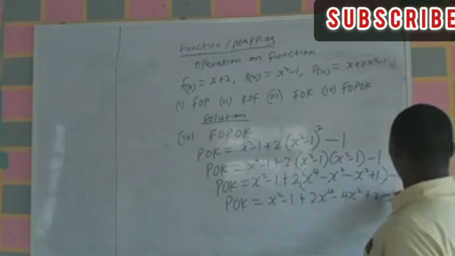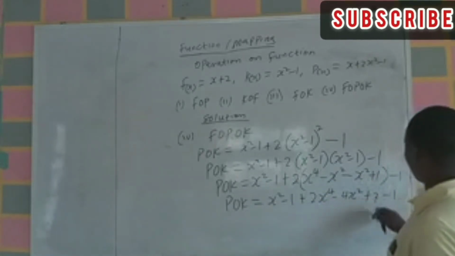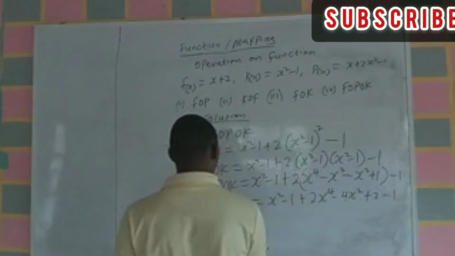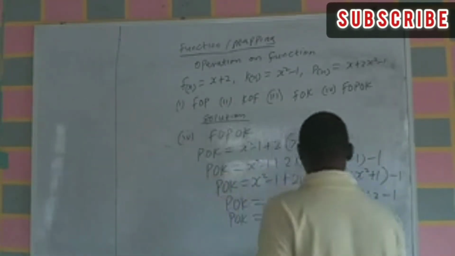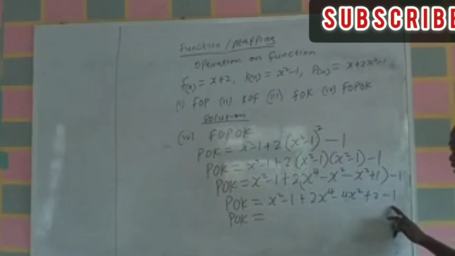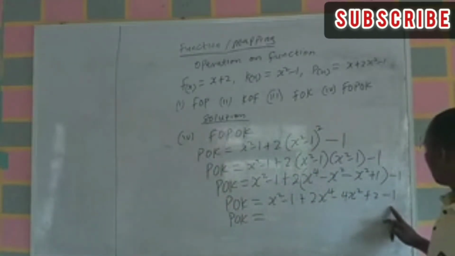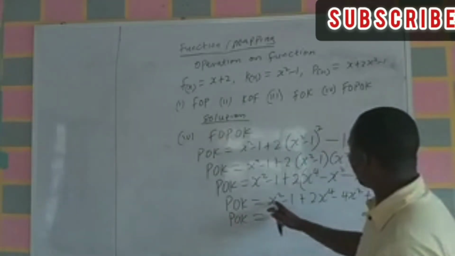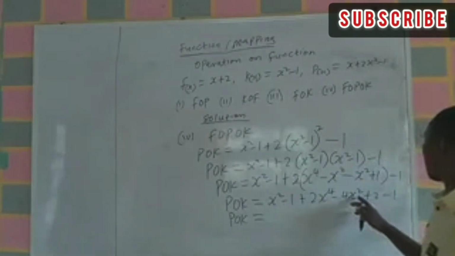So minus 1 minus 1 gives minus 2, plus 2 gives us 0.